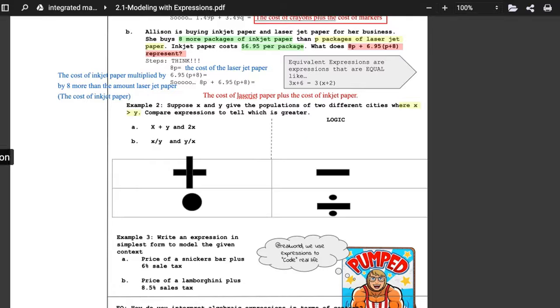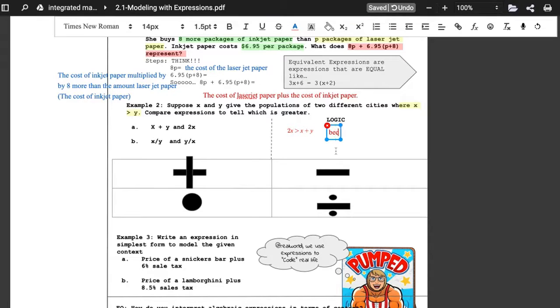And so we're going to use our equation tool. So 2x is going to be bigger than x plus y. And again, this is because x is bigger than y.